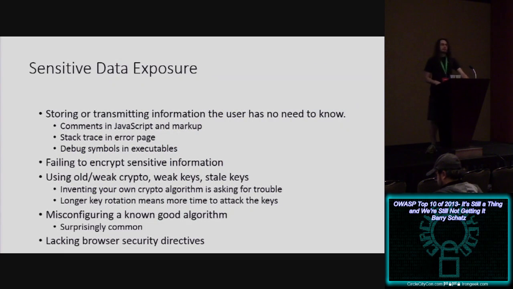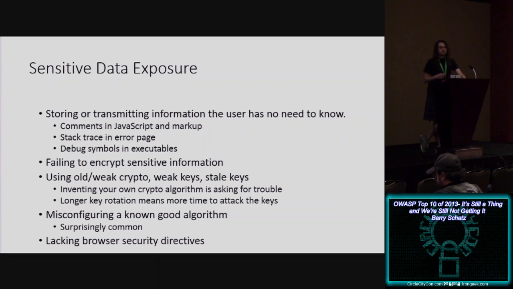Now we're getting to sensitive data exposure, which does dovetail nicely with certain config issues such as not using encryption. If you're storing or transmitting information that the user has no need to know, you're asking for trouble. This includes things like comments in JavaScript and markup even. If you're, say, dumping a stack trace because there's a bug you didn't know about in your website, well, this is giving an attacker a lot of information into the internals of your website.